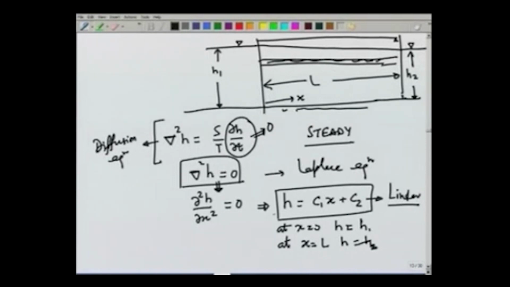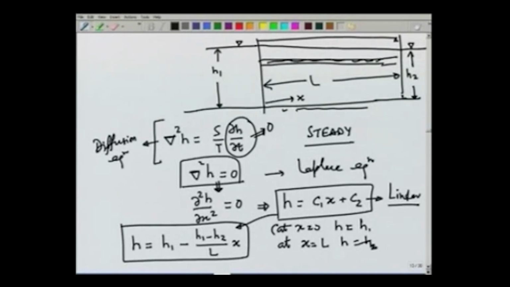The variation can be obtained directly from applying these two boundary conditions, from which we can write h equal to h1 minus, so this is obtained by applying these two boundary conditions in this equation.